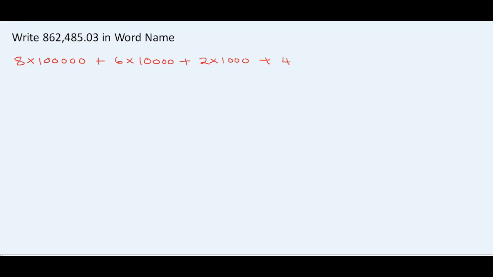Plus 4 times 1, we have 2 digits. Plus 8 times 1, we have only 1 digit before the decimal. Plus 5 times, we have no digit before the decimal. This is the last digit before the decimal.